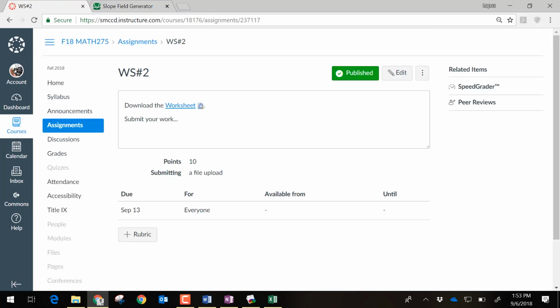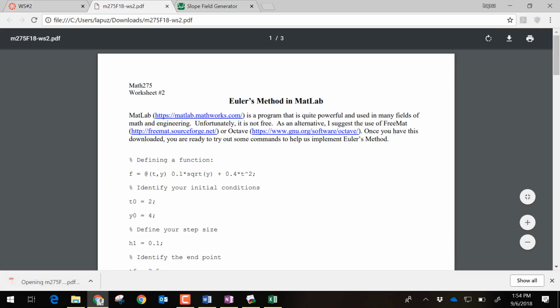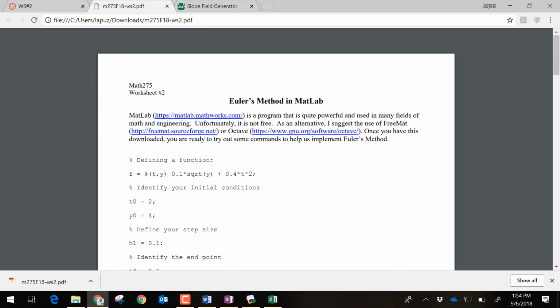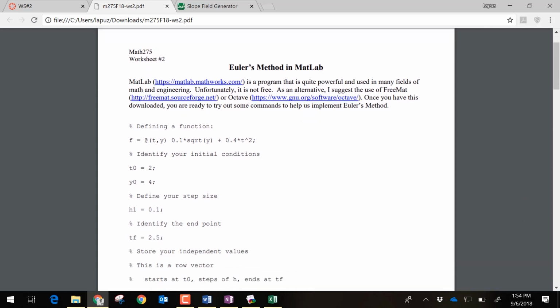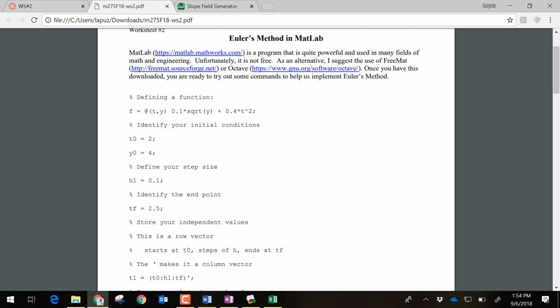All right. So the first worksheet we did as a group, this one you're going to do on your own. It's already posted in your Canvas account. The worksheet is going to walk you through Euler's method using Matlab, and all the commands are written here. All you have to do is copy this and paste it onto your Matlab program.